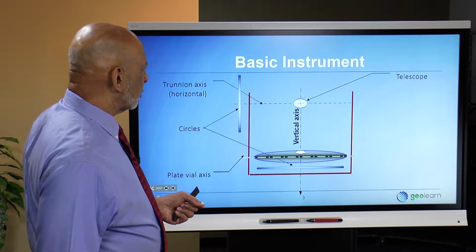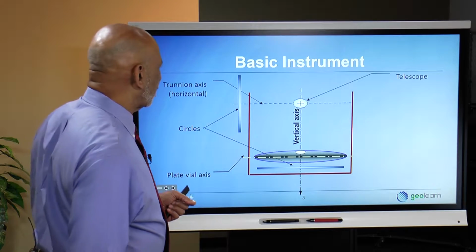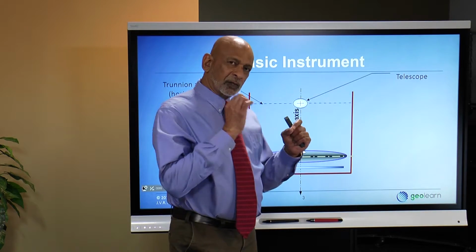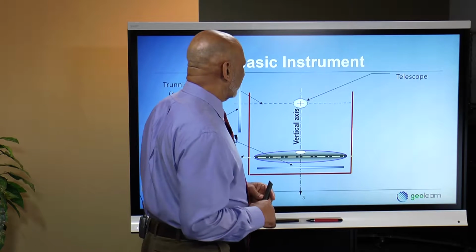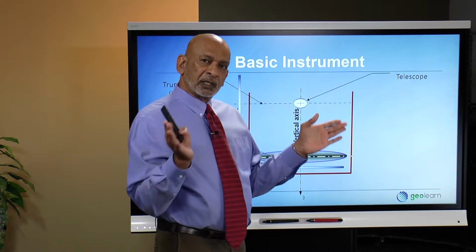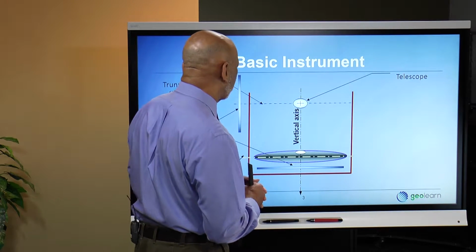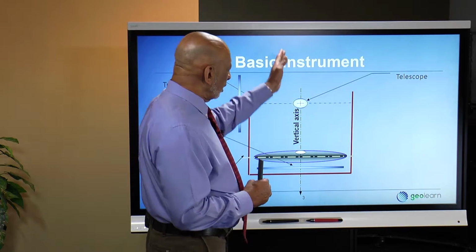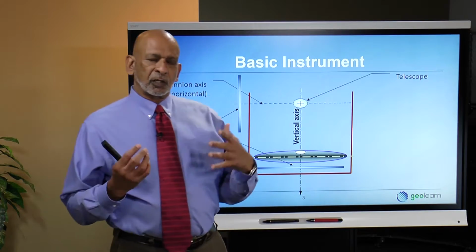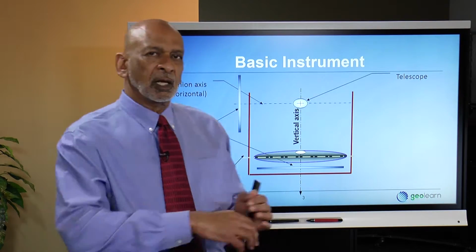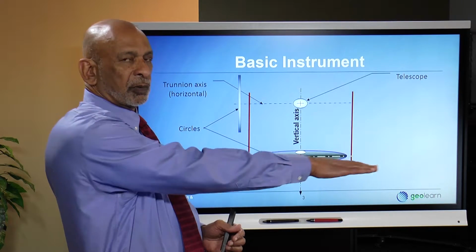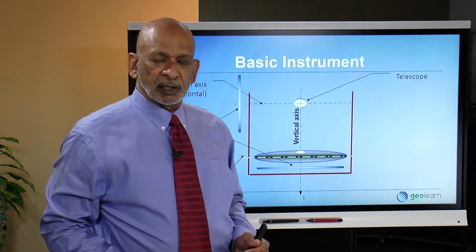So in this conceptual diagram, I want to first start with the telescope. They all have a telescope that you sight through to observe whatever it is that you're observing to determine the angle between 2 points. The other major thing, however, is to note that this instrument has a vertical axis, meaning that you rotate the telescope around on this vertical axis.